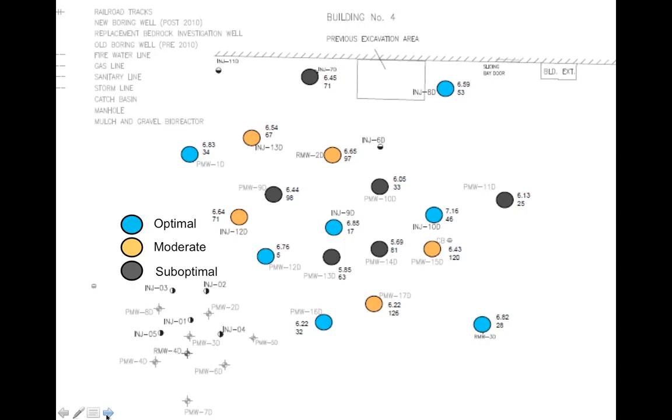However, we've plotted the concentration of sulfide and pH just to the right of these wells, and those values are the average values collected after the initial injection, collected during 6 sampling events, again, after that initial injection. If we focus on the suboptimal wells in black, we see that the pH is typically less than 6.5, or the sulfide concentrations are elevated, typically above roughly 40 to 50 milligrams per liter.